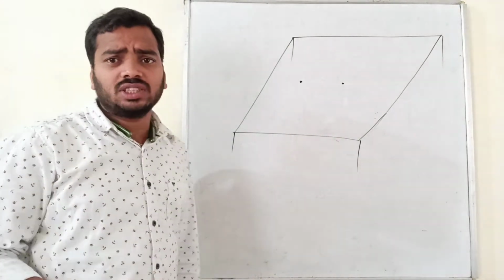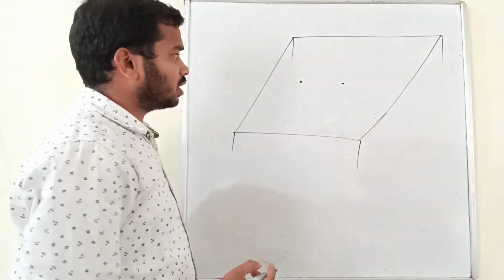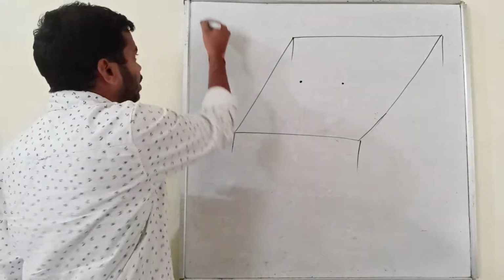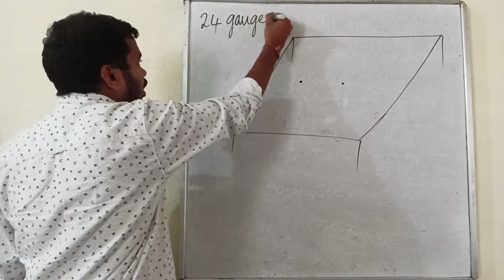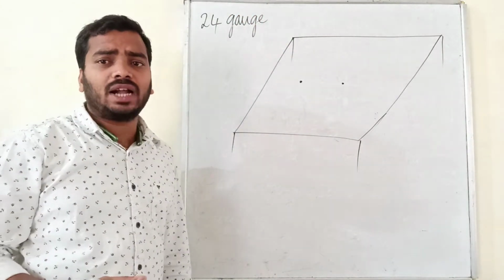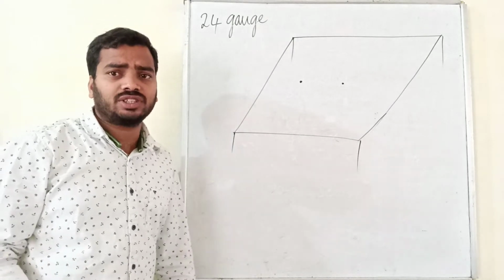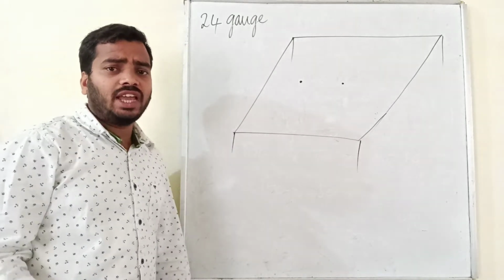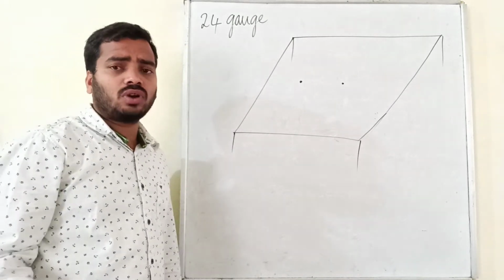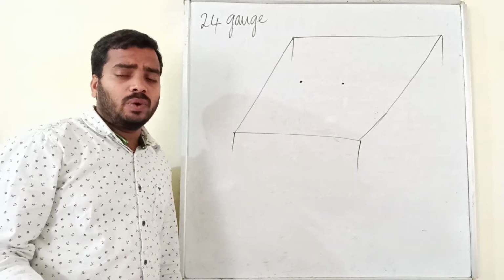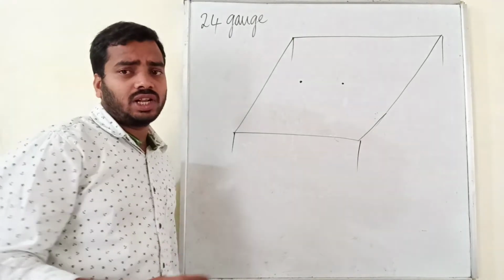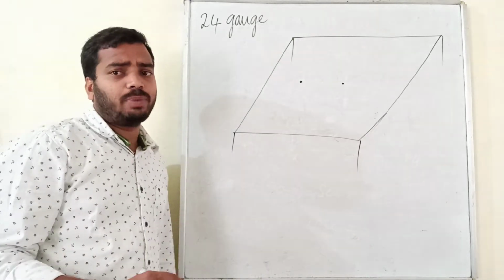In the previous lecture I discussed the gauge of the wire. It must be 24 gauge in order to support a lesser battery of 9 to 12 volts. If not, the gauge which we use in household circuits will have to be connected with a higher voltage battery.